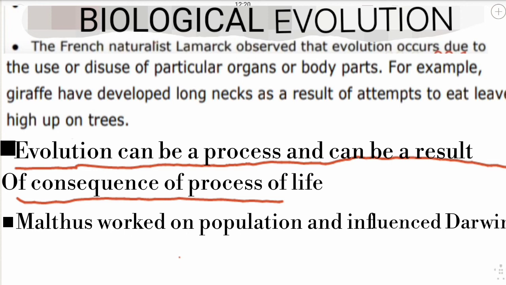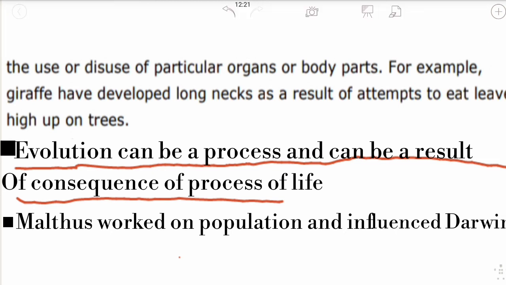Living and non-living things are created by evolution. In that sense, evolution is a process. But when we talk about the origin of life on the earth, this is not a process, but a consequence of a process. When you talk about the world's evolution, it is a population. But when you talk about the origin of life, evolution is a consequence of a process. Very simple.